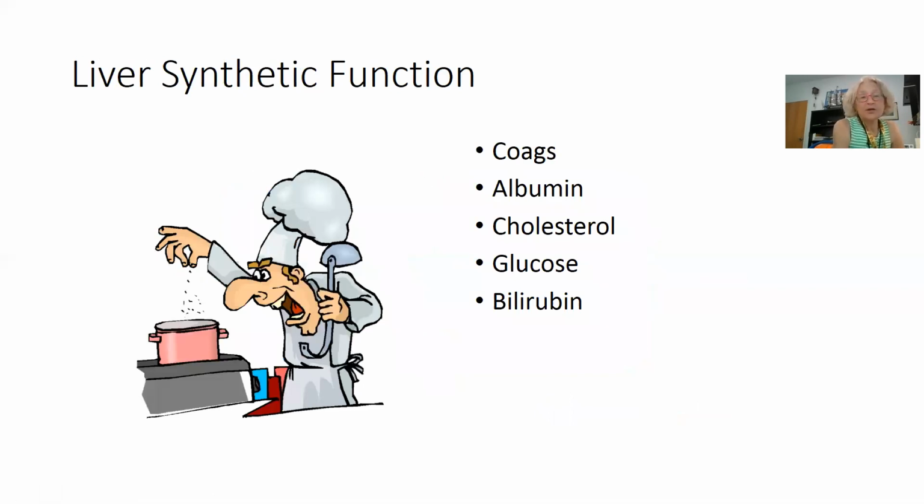So we've talked about GGT, we've talked about bilirubin and transaminases. Now it's time to think about the synthetic function of the liver, or how it makes things. Included in that would be coags, albumin, cholesterol, glucose, and bilirubin. Bilirubin in that you need to be able to conjugate it.